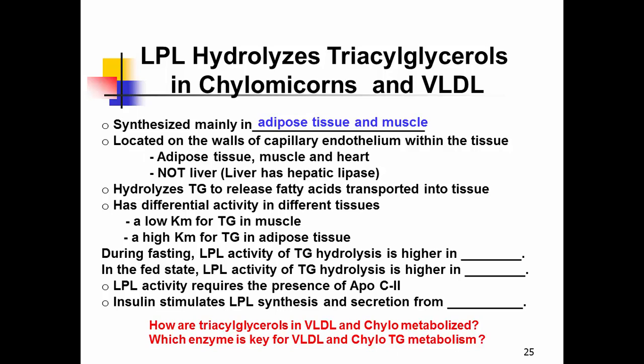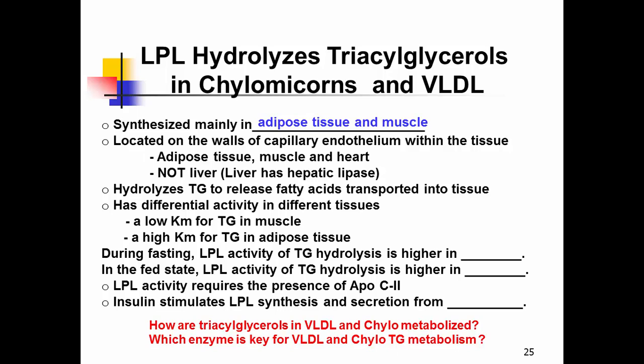And LPL is basically secreted outside the cells. It doesn't stay inside the cells. It goes into the wall of the capillary endothelium within the tissue. It's still in the tissue, not 100% going to the circulation.